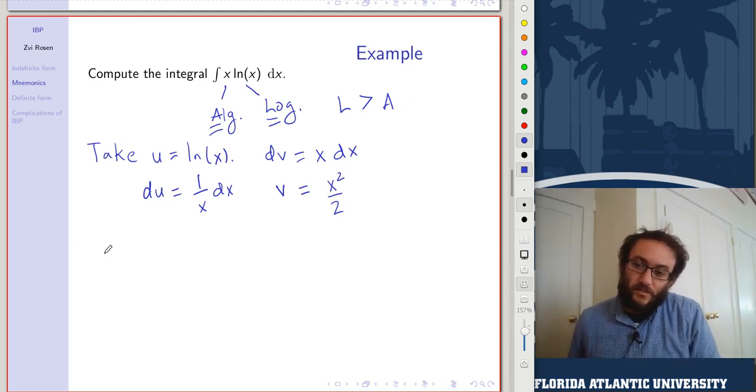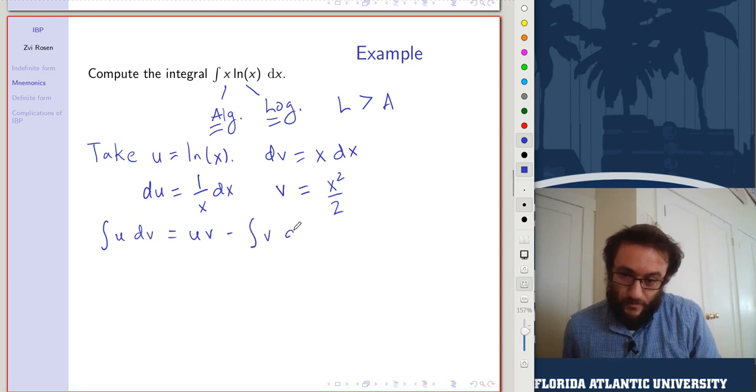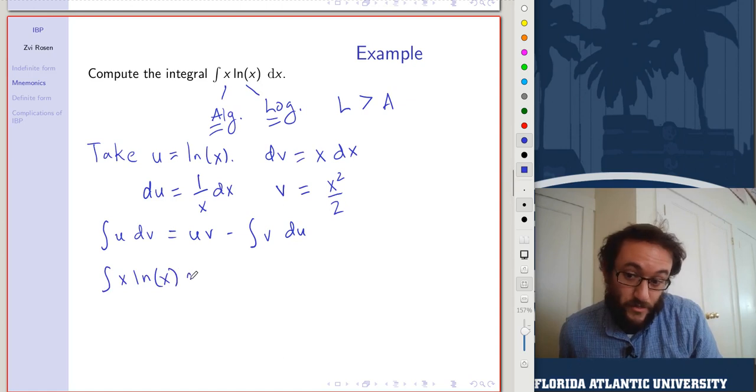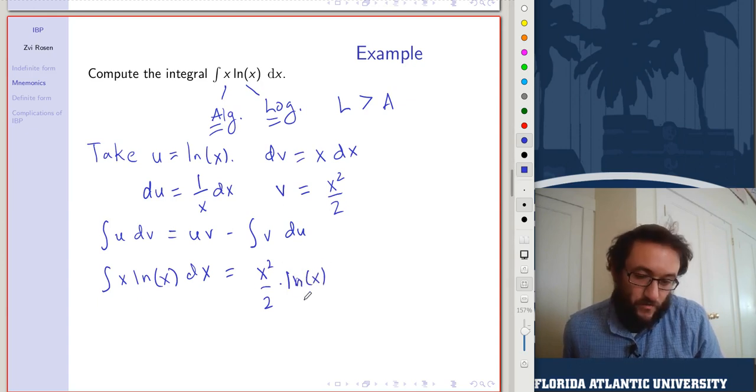Now let's plug this into our integration by parts formula. Again, it's the integral of u dv equals uv minus the integral of v du. And what we find is the integral of x ln x dx, which is the integral that we're interested in computing, is equal to x squared over 2, that's v, times ln x, which is u. And I only switch the order for aesthetic reasons.